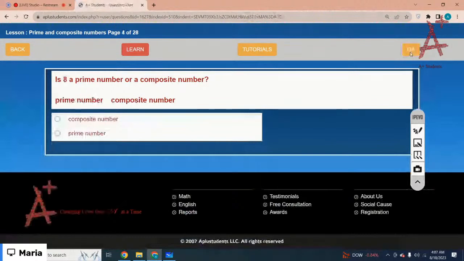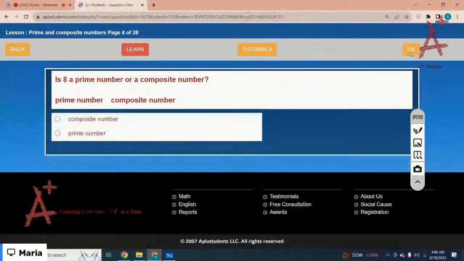Is 8 a prime number or a composite number? Which is the correct option? 2 times 4 is 8, right? 8 has more than 2 factors, right?